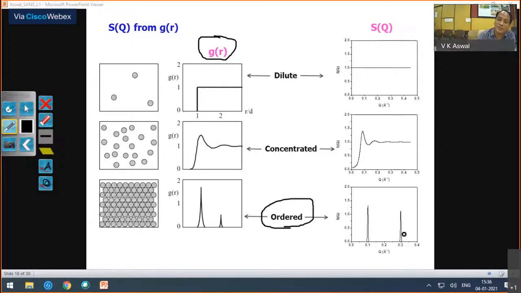That is for atoms. But when you are talking about particles, the form factor will also go down in the case of neutrons, because now it is the form factor of the particle, which will fall as a function of Q. So when you measure scattering intensity in small angle neutron scattering, these intensities will be very, very low as they get multiplied with the form factor.